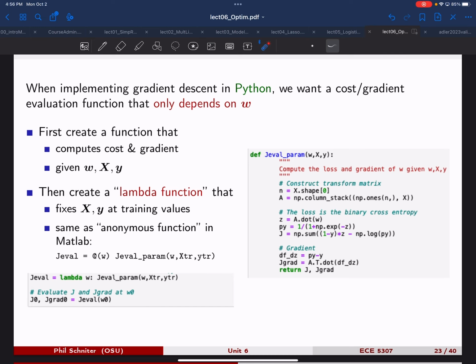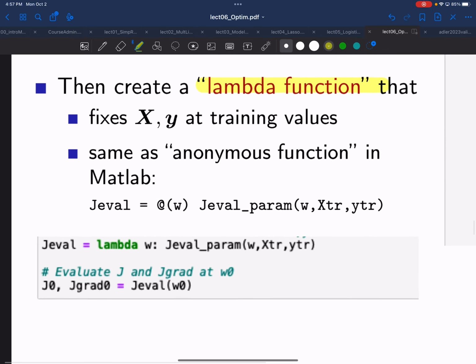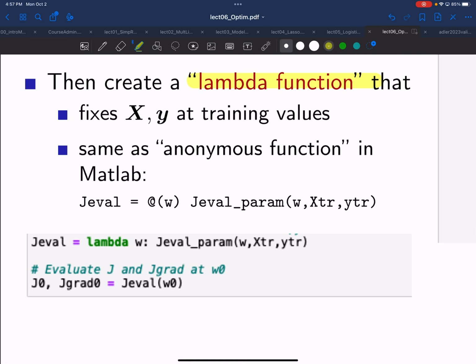We have the same x and y. So we want to think about this as just a function of w. What we can do is we can use what's called a lambda function in PyTorch. A lambda function is just like a wrapper that essentially fixes the values of some parameters and leaves other ones free. So this is how it looks here.